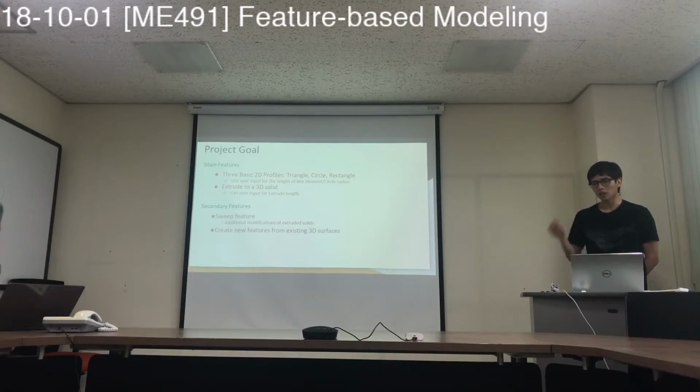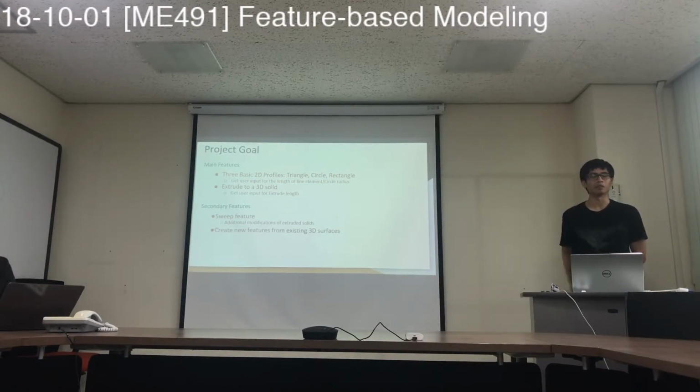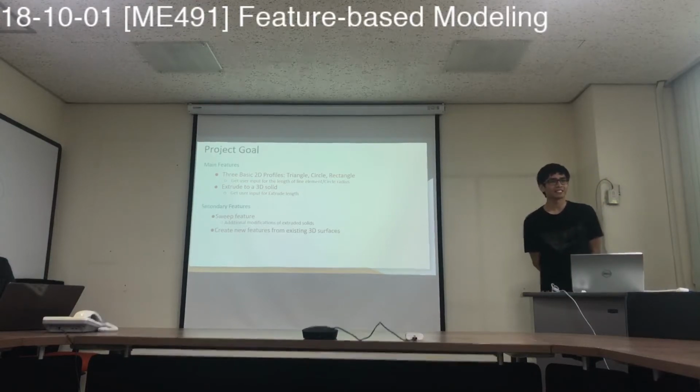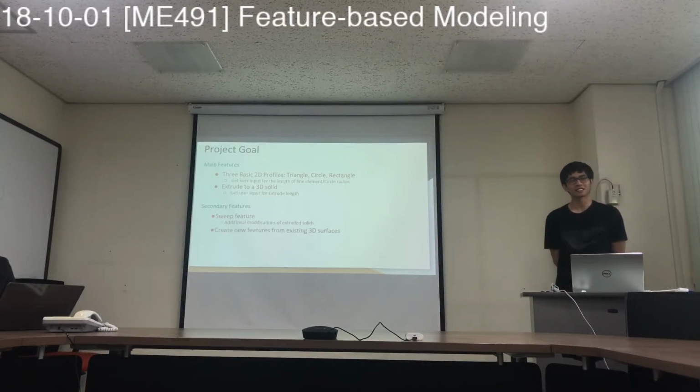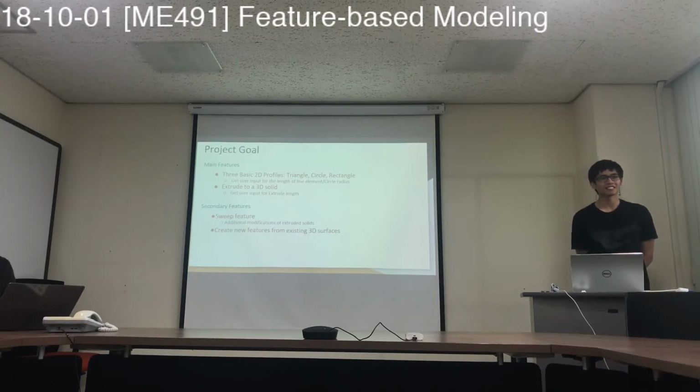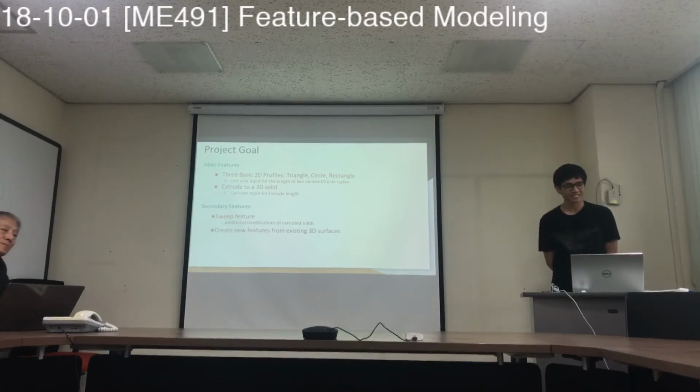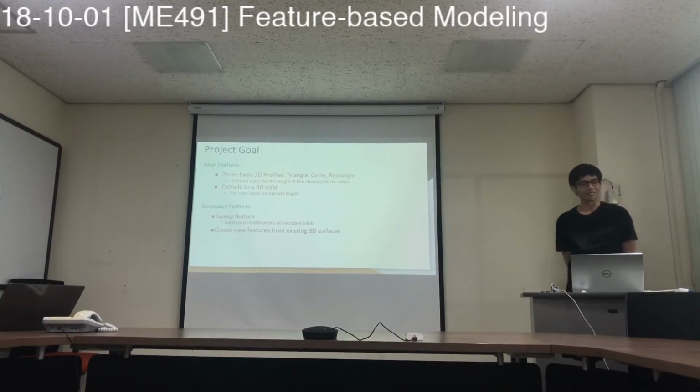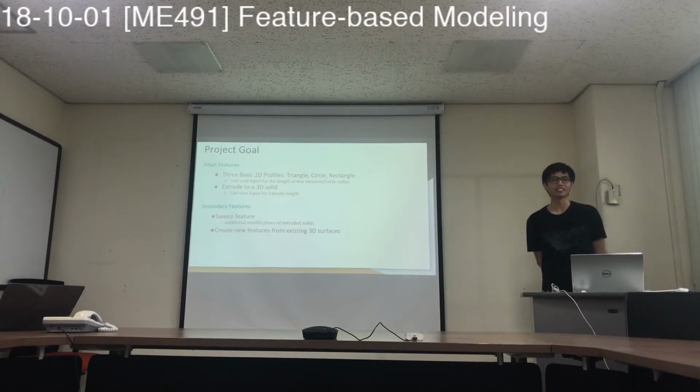Maybe a slider with a number, for example. Slider with number. How about selecting the sketch and drawing the hand gesture like that? Maybe that's possible. Maybe we can put that as our secondary feature.